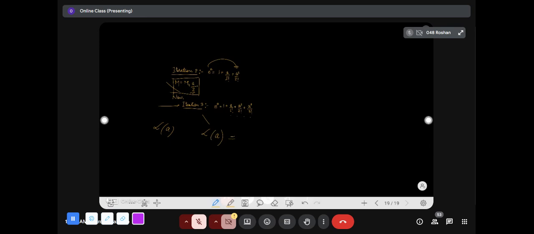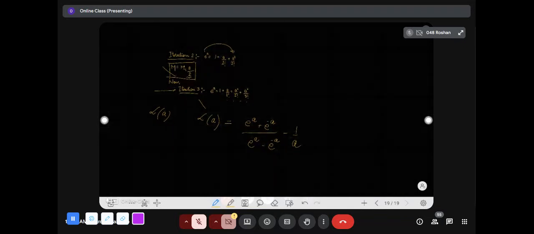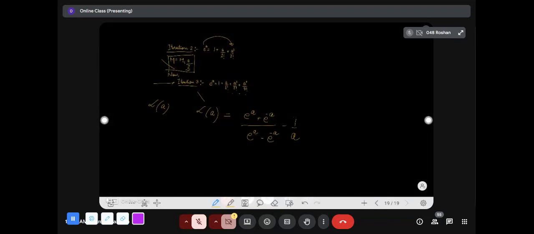So it was of the form e to the power a plus e to the power minus a by e to the power a minus e to the power minus a, minus 1 by a. I think it's right. So this particular function a, and we were discussing, if you remember, a was of the form mu m H divided by kT.